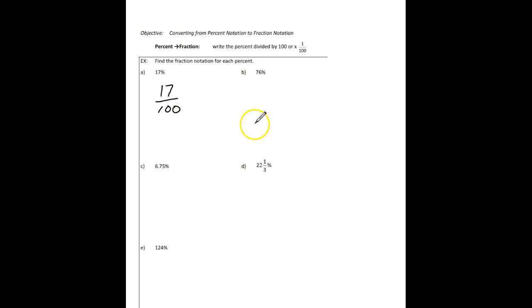So 17% is the same as 17 over 100. 17 is prime, so I can't reduce there. 76%, I'm just going to write this as 76 over 100, but I know that 76 and 100 are both divisible by 4. So this is the same as 19 over 25. If you can simplify, please do.